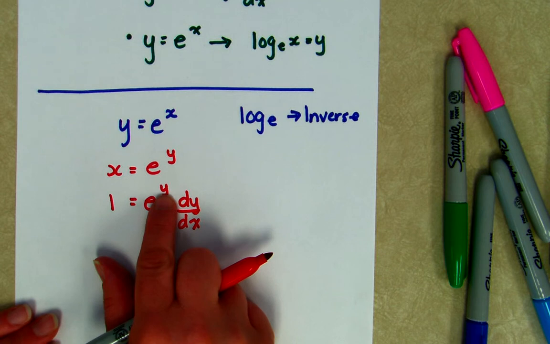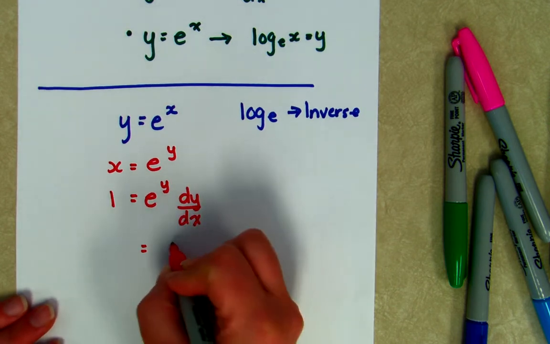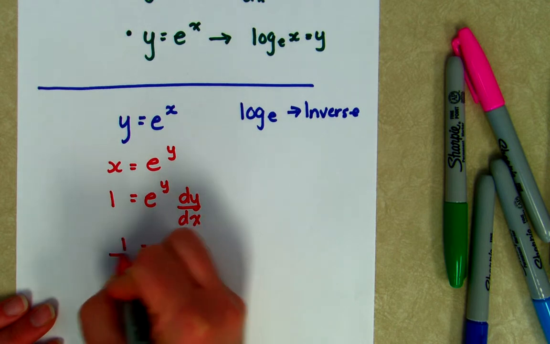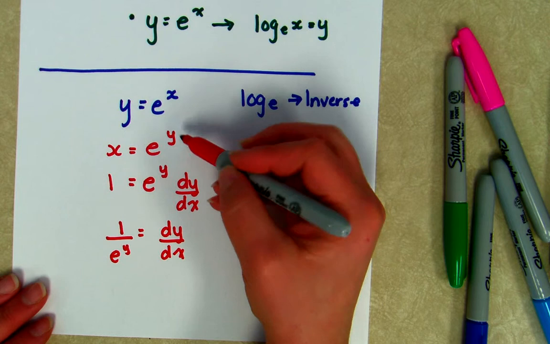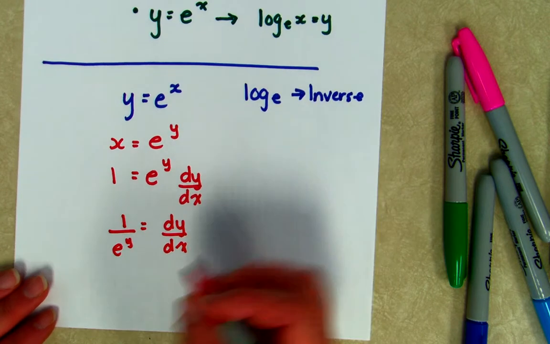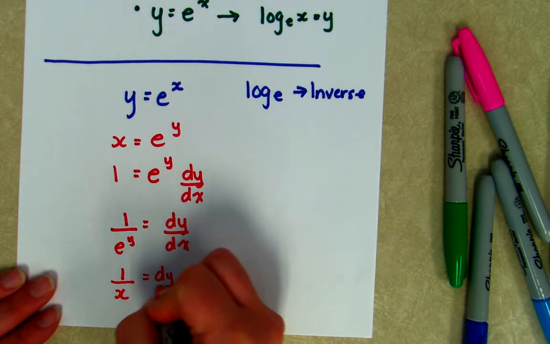The derivative of y is defined as dy/dx. But now I can solve this for dy/dx, and I get dy/dx is equal to 1 over e to the y. But if you go back up to this line, e to the y and x are exactly the same. They're equivalent. So another way to write this is 1 over x.